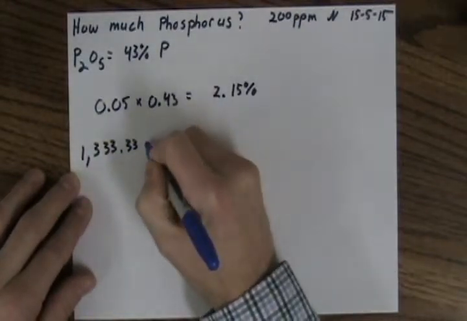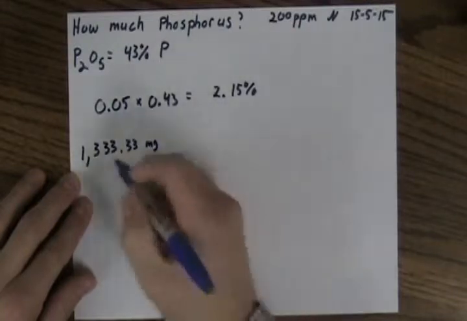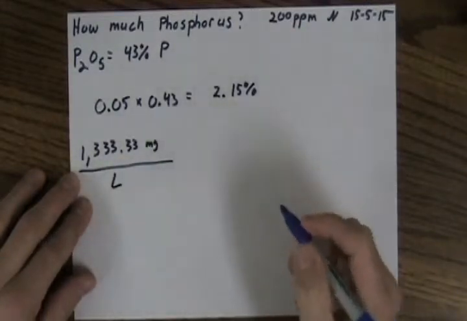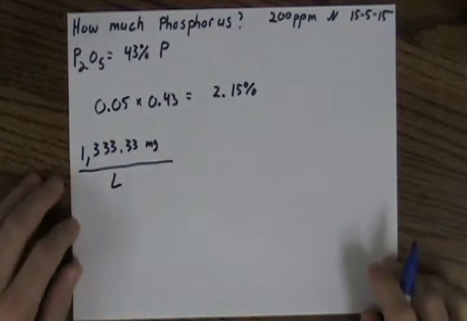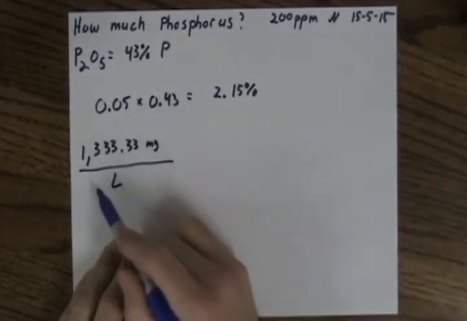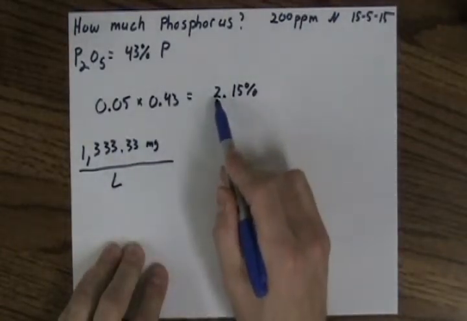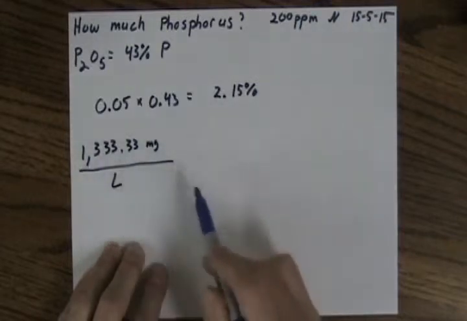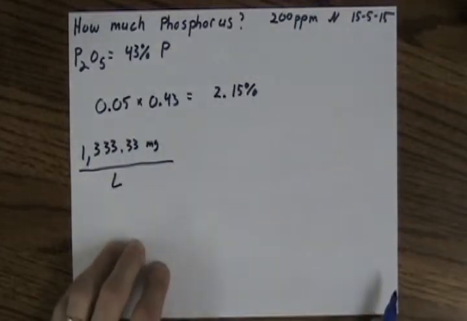So now we know from our earlier calculation that we are going to use 1,333.33 milligrams per liter of 15-5-15. And that's from our earlier calculation. And we know that 2.15% of that is actual phosphorus.